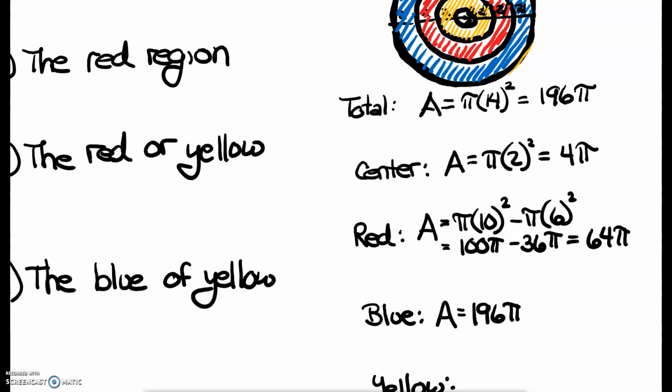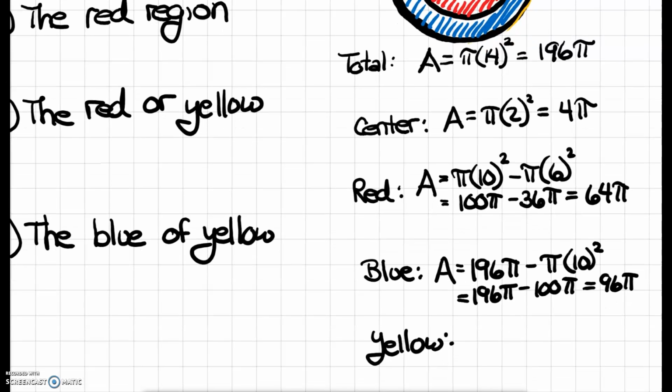The blue will be, from the total, 196 pi, but we have to get rid of the red, yellow, and the center, and the radius of that circle altogether is 4, and 4 is 8, and 2 is 10. So it's going to be pi times 10 squared, which is 196 pi minus 100 pi equals 96 pi.